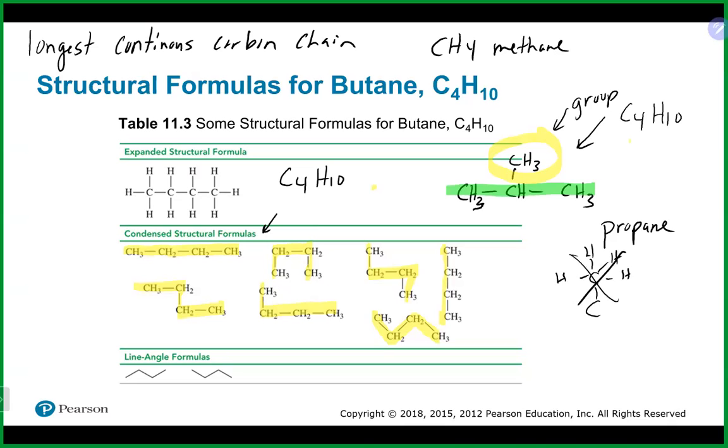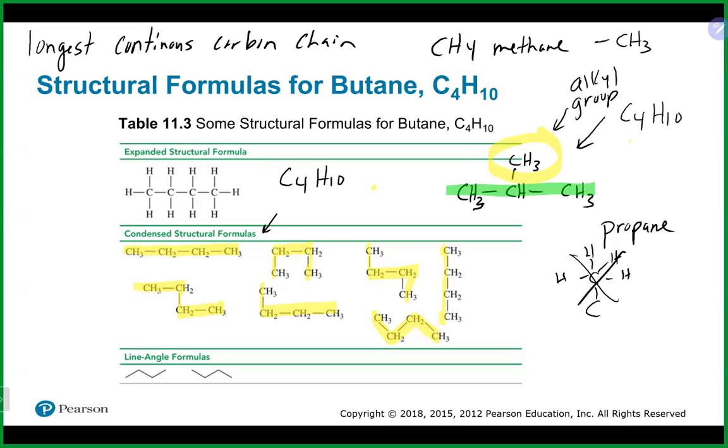So what is a group? A group is sometimes referred to as an alkyl group. Basically, a carbon-containing group is a fancy word for it. It is a group that is basically the same thing as an alkane, except it is missing a hydrogen, and by missing a hydrogen, it allows it to connect in. So instead of having 4 hydrogens, this group only has 3.